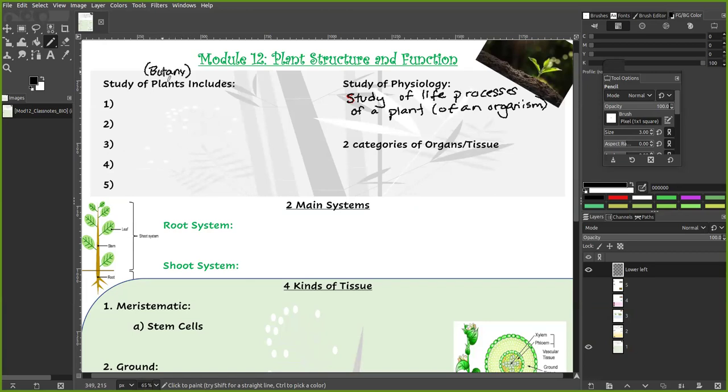The study of plants includes plant structure, it includes the process of transportation. So how does the plant get the nutrients that it needs?